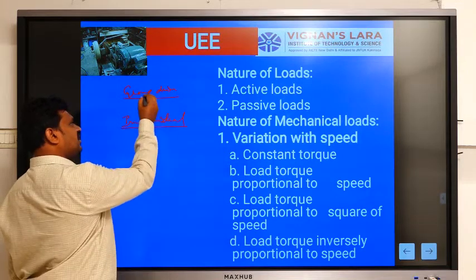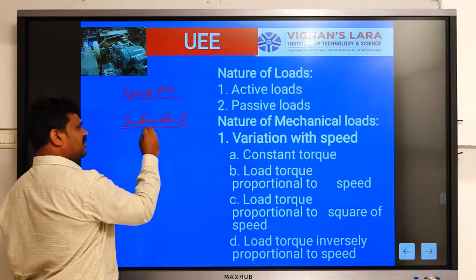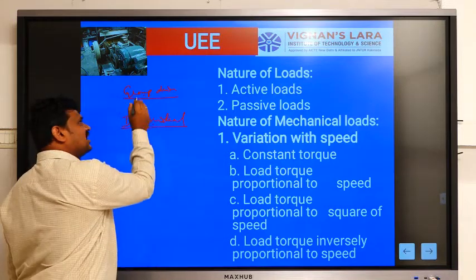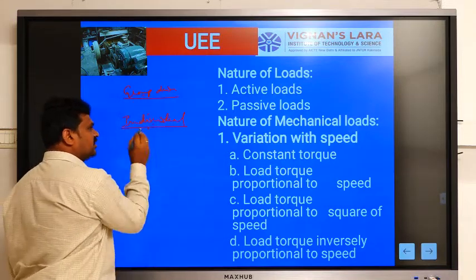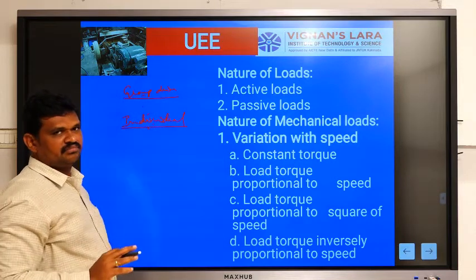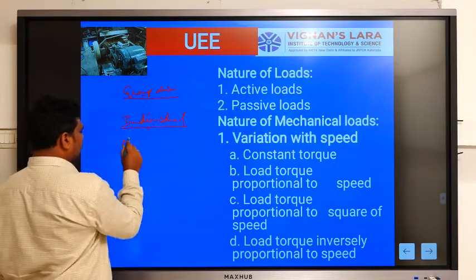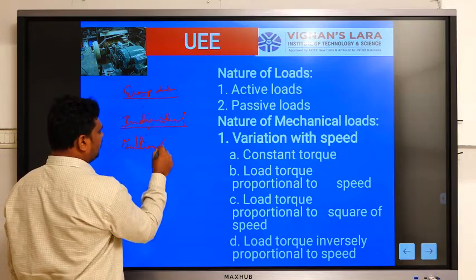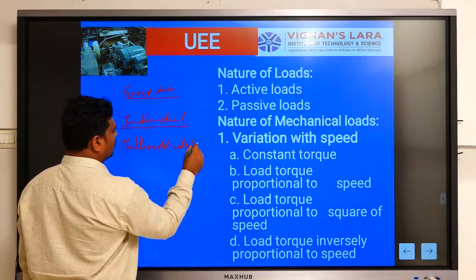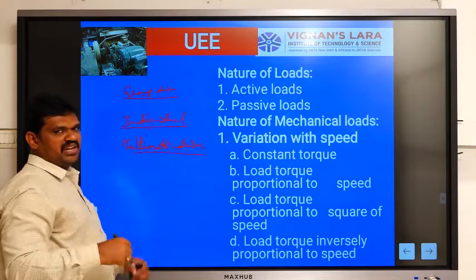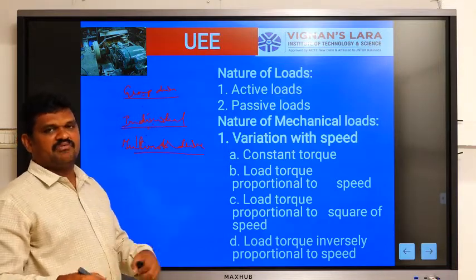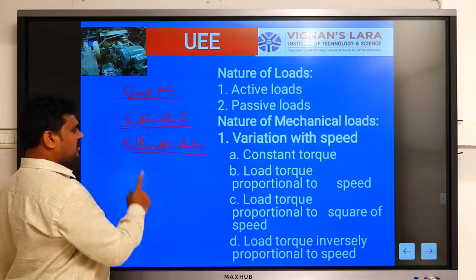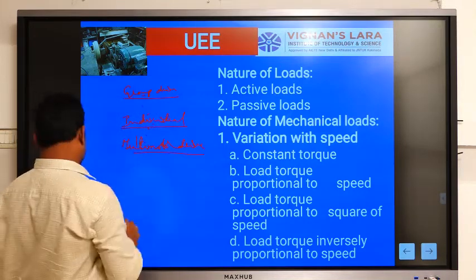So the disadvantages of group drive become the advantages in the individual drive. The advantage of the group drive becomes the disadvantage for the individual drive. Next, multi-motor drive. In this multi-motor drive, many motors work for completion of one function.